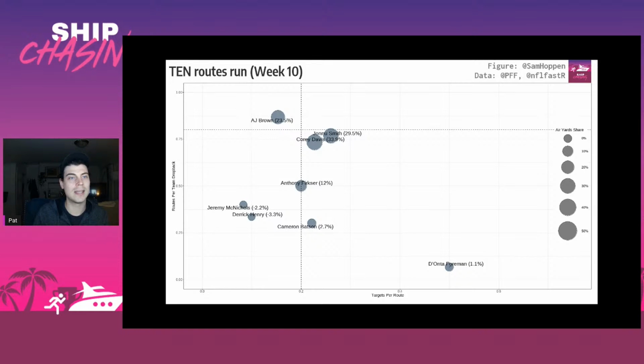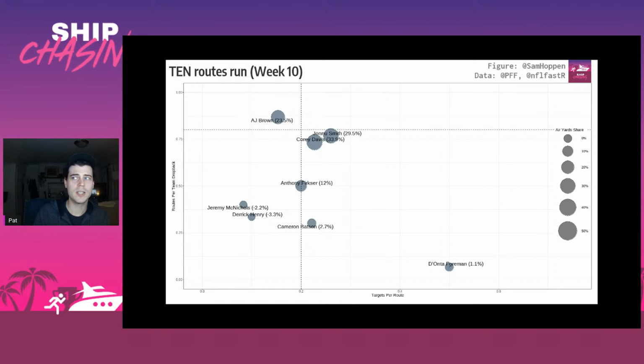But Jonnu Smith earned targets at a nice high rate once again. However, it did not translate to the box score because he had a yards per target of just 2.3. Anthony Firkser was also very inefficient in this game with a yards per target of just 1.7. He, though, was targeted at a high rate as well, getting a target on 20% of his routes, and ran a route on 50% of dropbacks.